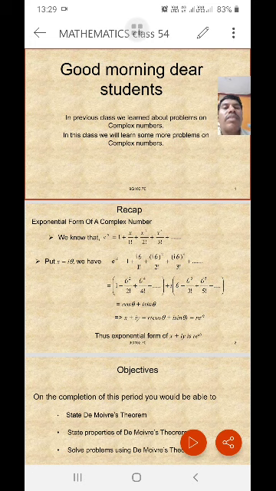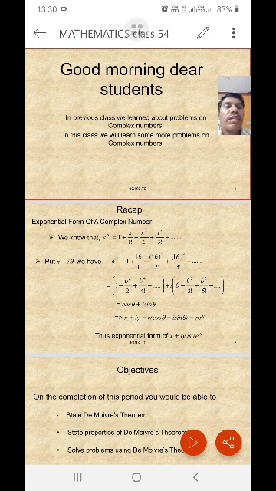Here simplifying means very easy questions are being asked, because if you remember one theorem, De Moivre's, or one statement, then you can easily simplify whatever he gives. However big the expression given, we can convert it into short form by using De Moivre's theorem statement.